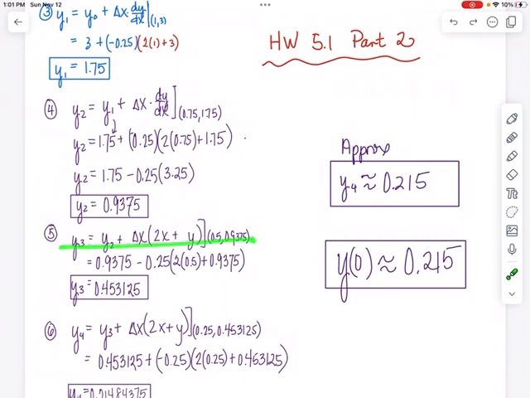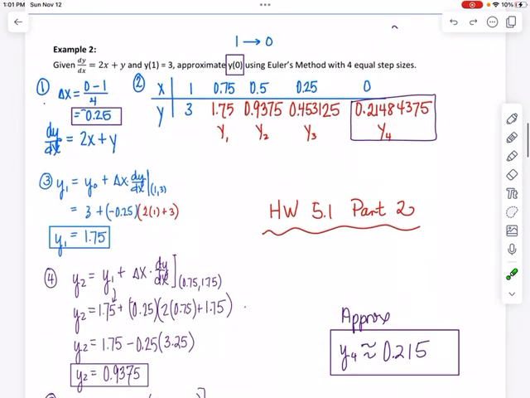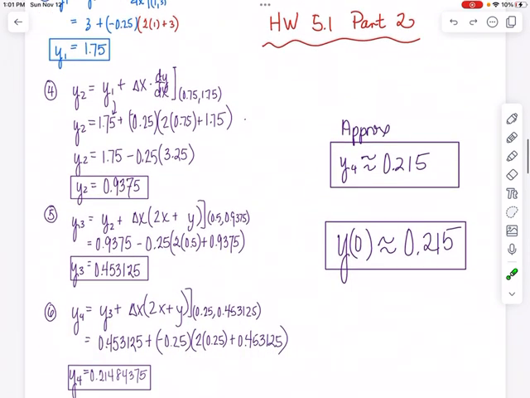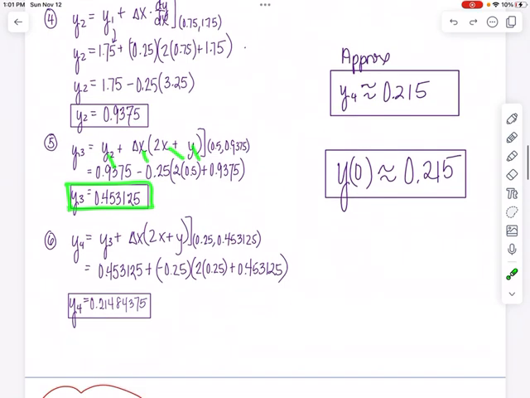So y3 is equal to y2 plus delta x times 2x plus y evaluated at 0.5, 0.9375. And we get our value of y3 then, after plugging everything in. We get y3 is then equal to 0.453125.